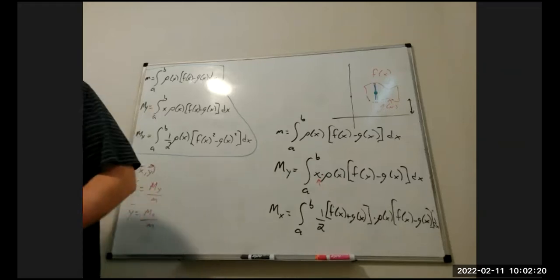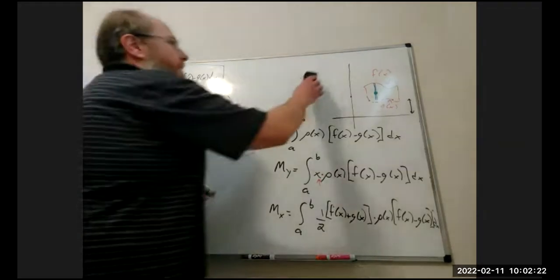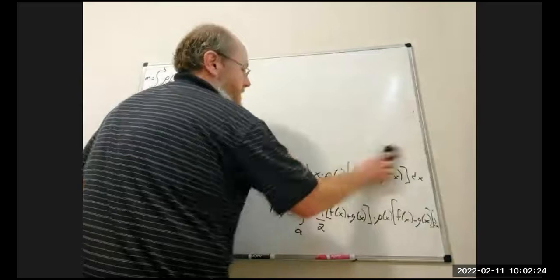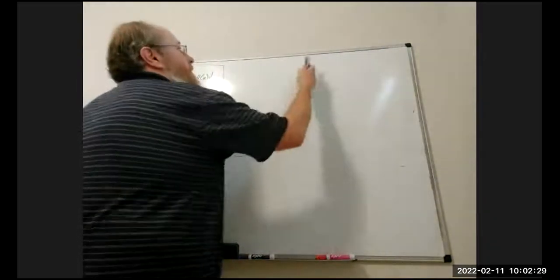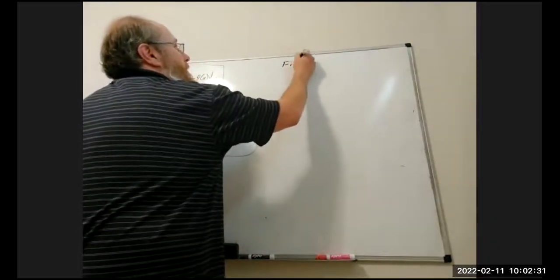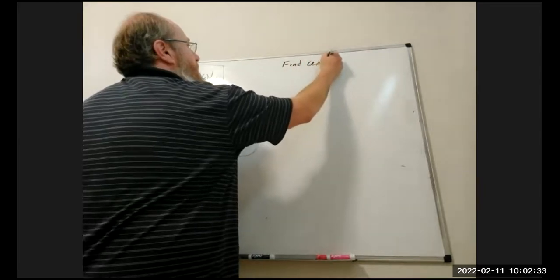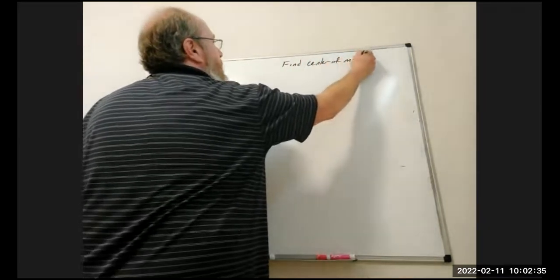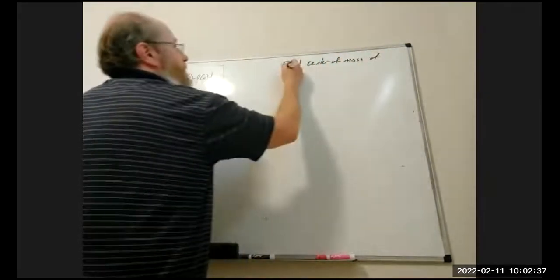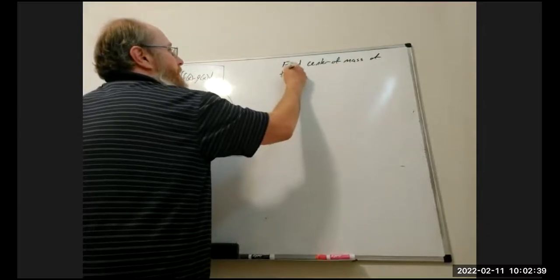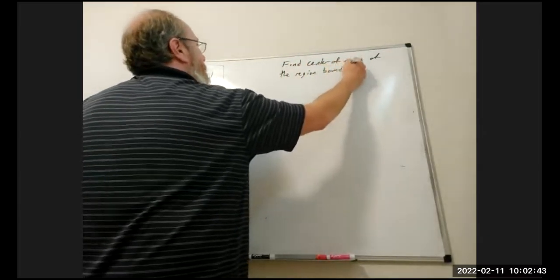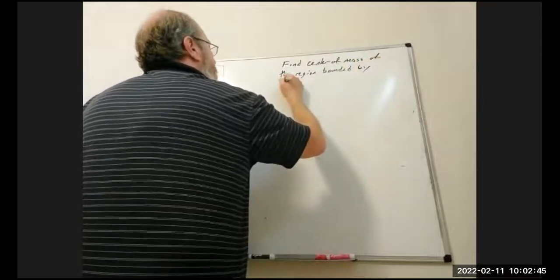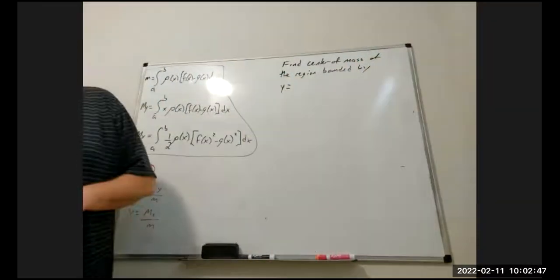All right, so here's what we're going to do. Let's find the center of mass of the region bounded by, and I'm going to give you a couple of curves here.